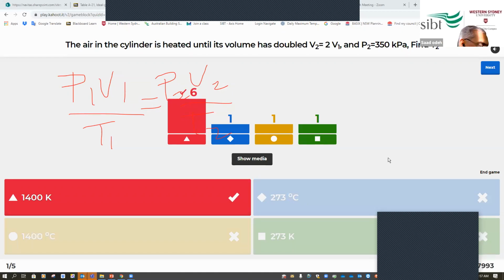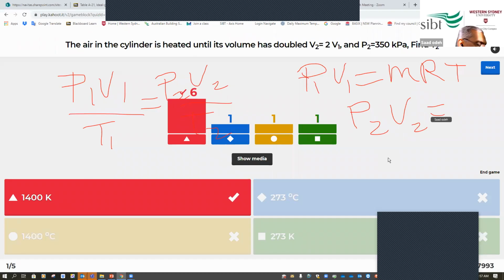So we have 6 correct answers. As you can see, we applied the formula PV equals MRT. Because this is a general one, we can apply it for both points, P1 and P2. So we can say P1 V1 equals MRT and P2 V2 equals MRT. And because MR on both sides is equal, we can reduce it.